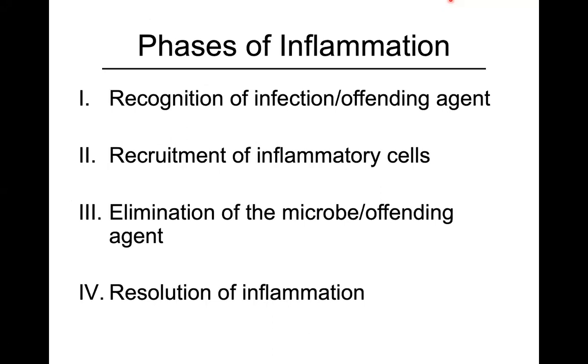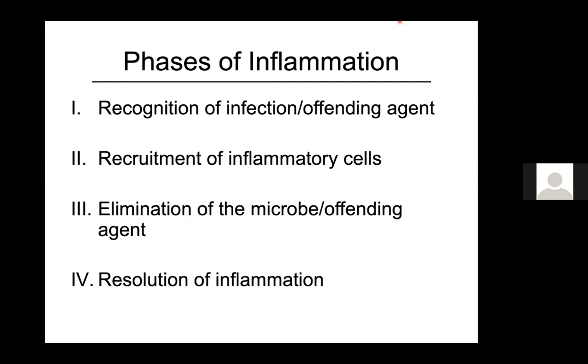So there are four main phases of inflammation. The first is recognition of the infection or the offending agent. Here we talked about macrophages and dendritic cells recognizing either pathogen-associated molecular patterns if there's an infection, or, if an offending agent has caused cell or tissue injury, damage-associated molecular patterns, so PAMPs and DAMPs. Second, these cells are activated, and their byproducts recruit inflammatory cells.